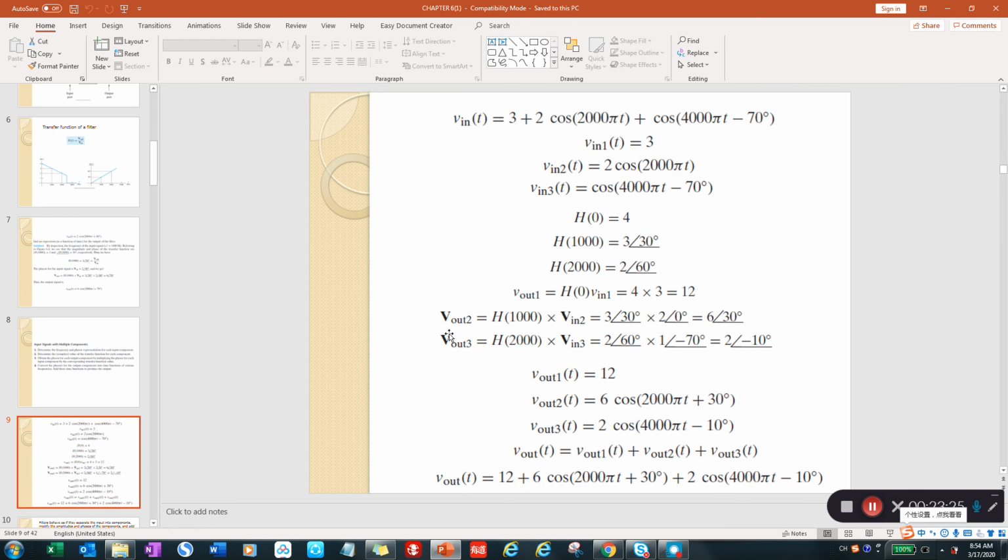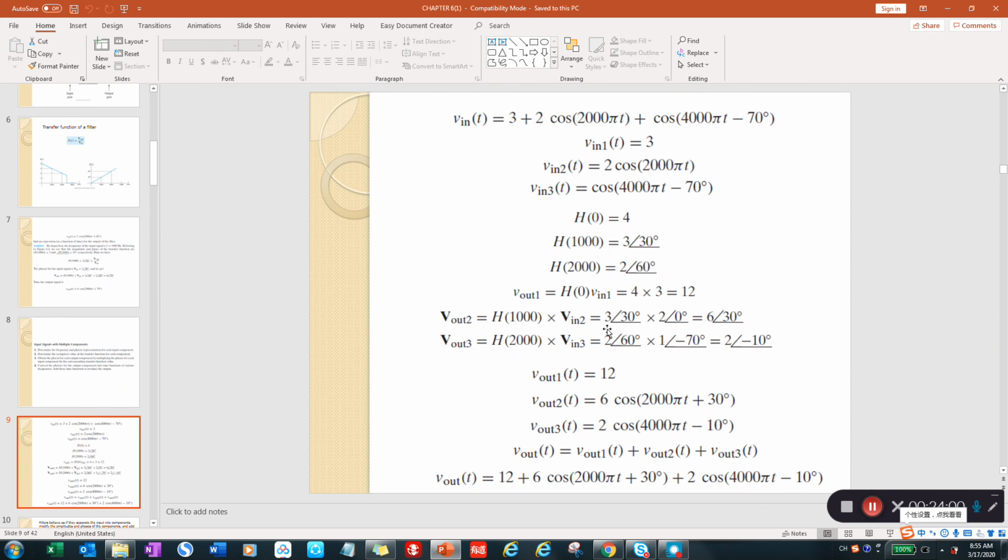Then we can figure out the second component for the output. The second component will be equal to the transfer function at the frequency equal to 1000 multiplied by the second input component. For the second input component, we know that it doesn't have any phase angle, so the phasor representation in fact is 2∠0.